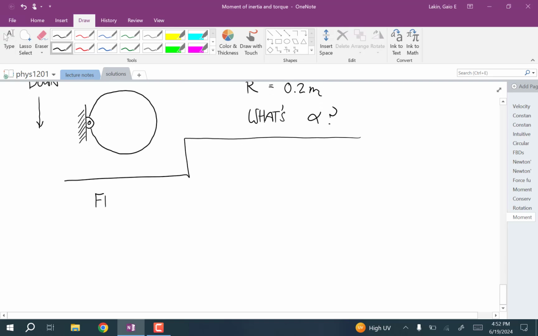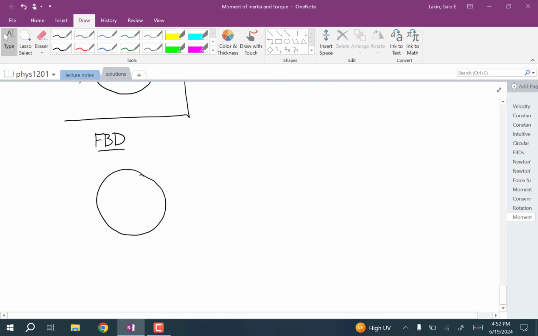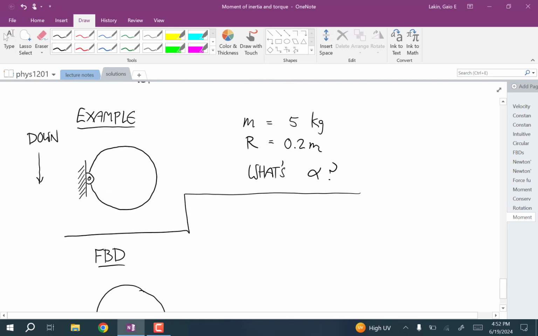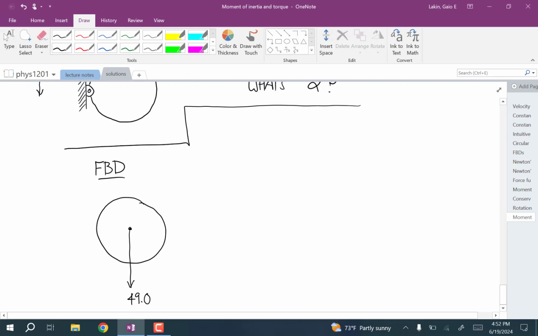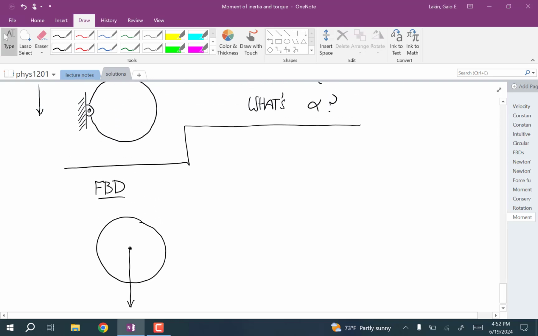So start with a free body diagram. The weight force acts at the center, and that's equal to 49.0 newtons. And then this is something you're always going to want to do at the hinge or the pin. There's an unknown force acting at that hinge or pin.